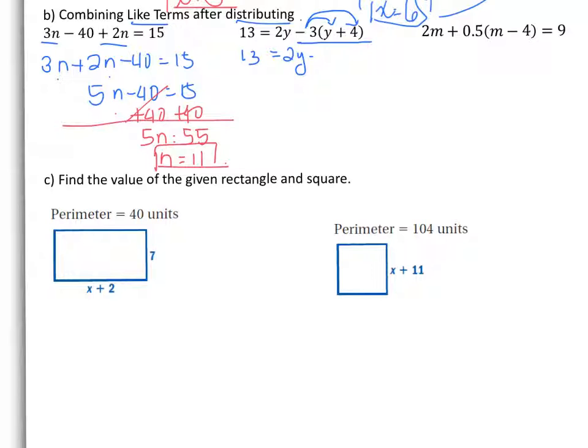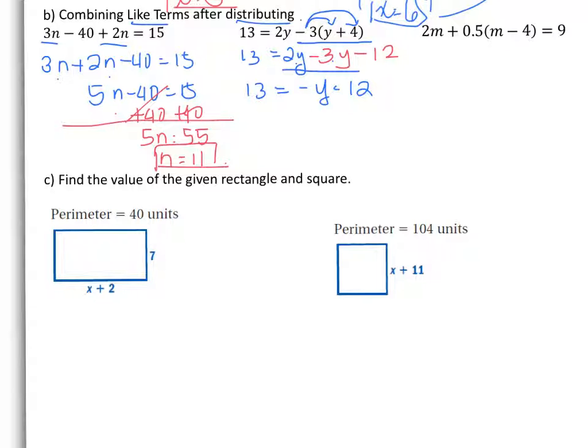I'm going to write negative 3y, negative 12. Okay, now I can combine like terms. 2 minus 3 gives you negative 1. So you can just simply write negative y minus 12.